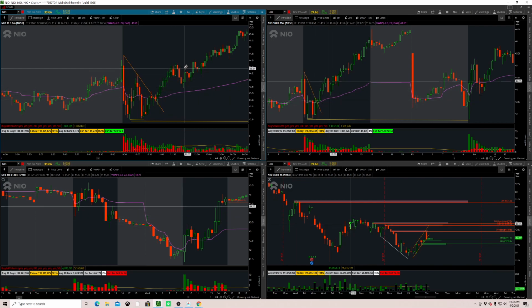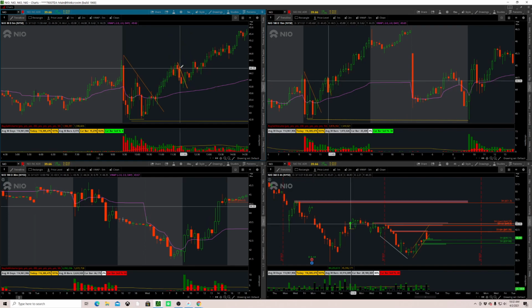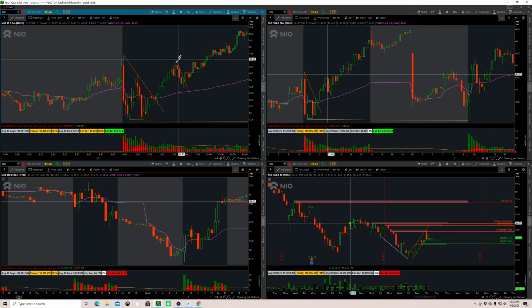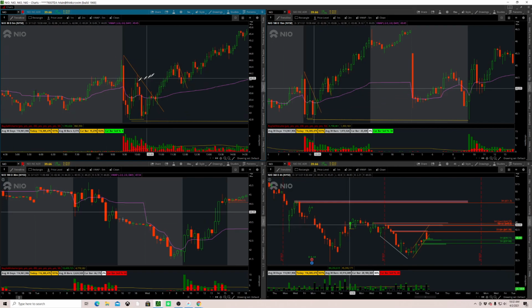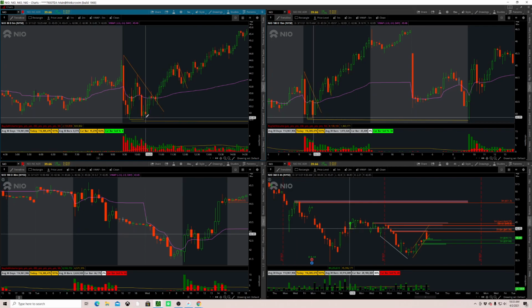Anyway, it's easier to just trade the swings. So if you saw this double top, what do you do? You take this, play it short, risk. I don't know, because it's difficult to say. You don't know the market.